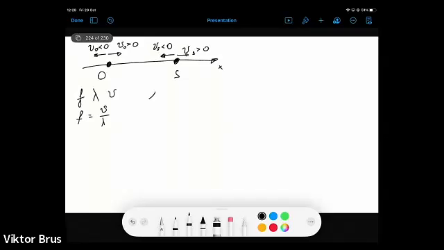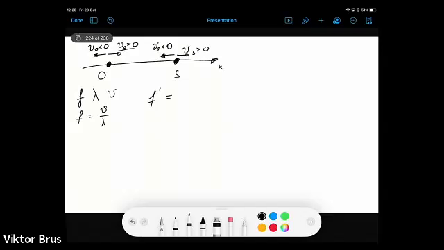So that will be some frequency F prime, which will be equal to... We need to consider that sound travels with some speed V towards the observer from the stationary source, but also there is some speed of the observer in the direction of the source.